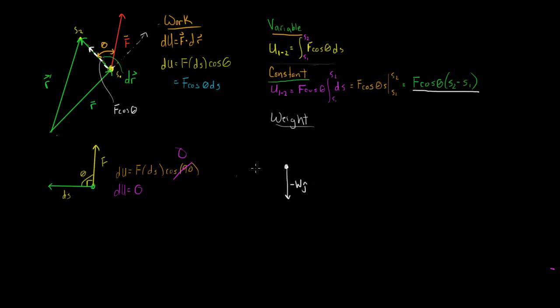So if we have a particle that goes from this position R1 to a position R2, this displacement vector dr can be equal to some displacement in the x direction plus some displacement in the y direction plus some displacement in the z direction.